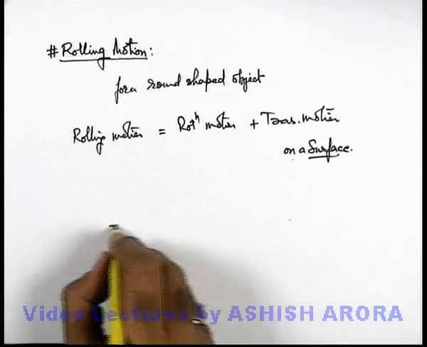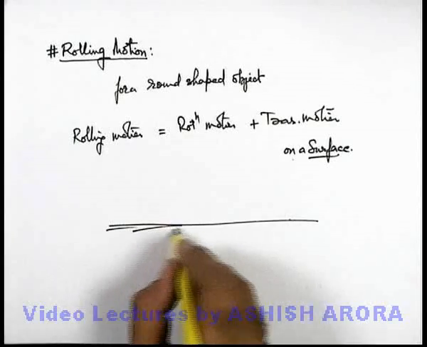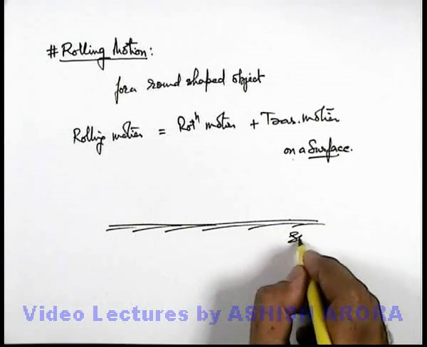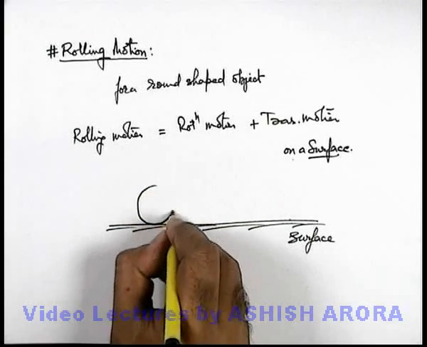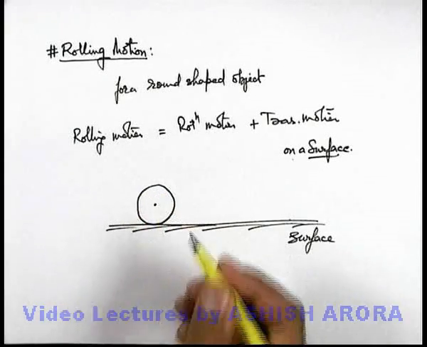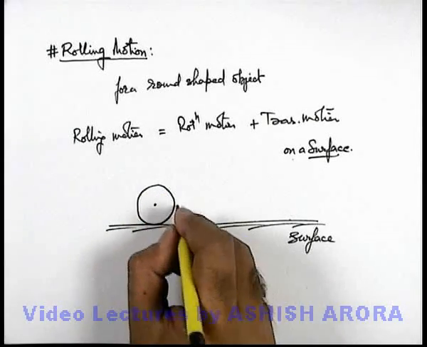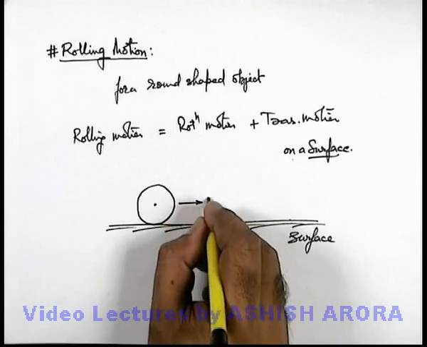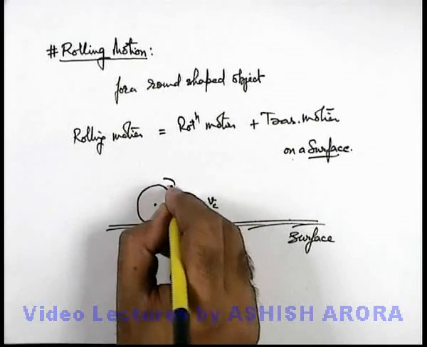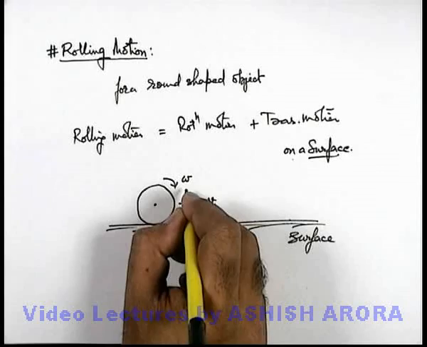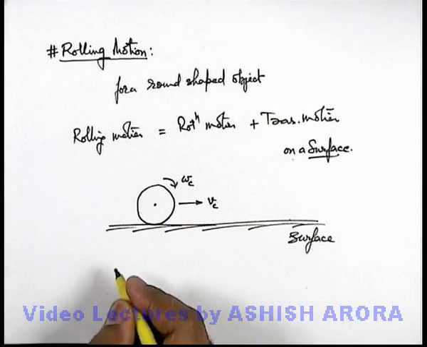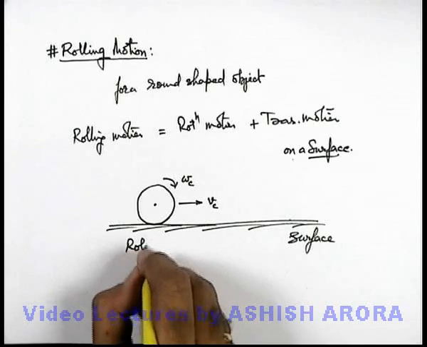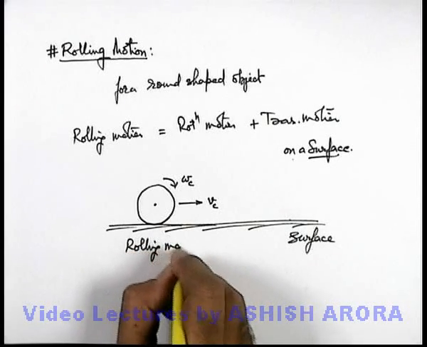For example, say we have a surface and we place a round-shaped object, say a sphere or a cylinder. It is moving translationally with some speed Vc and also rotating at an angular speed about its center of mass, which we can denote as omega c, and this motion we define as rolling motion.